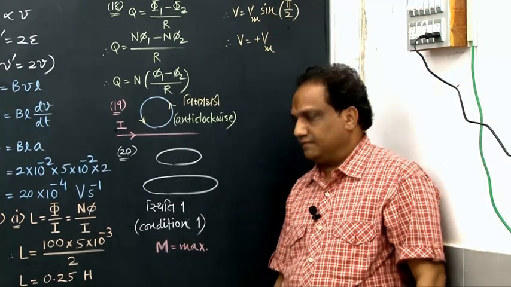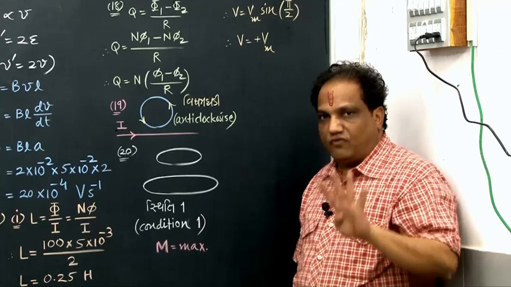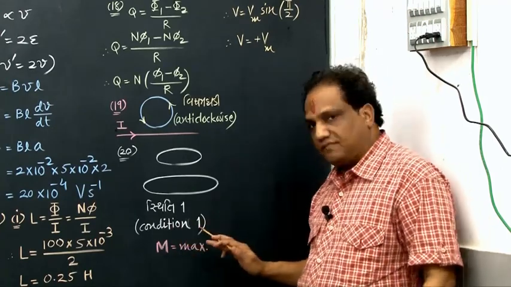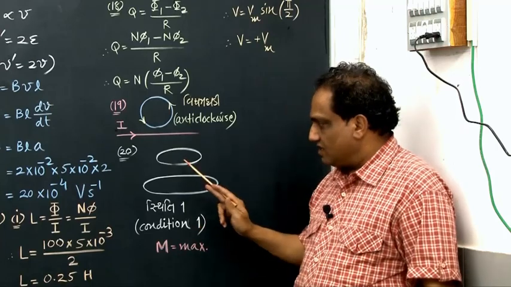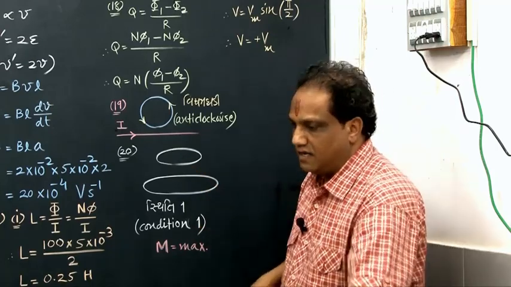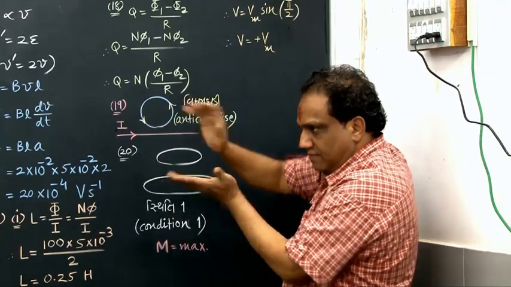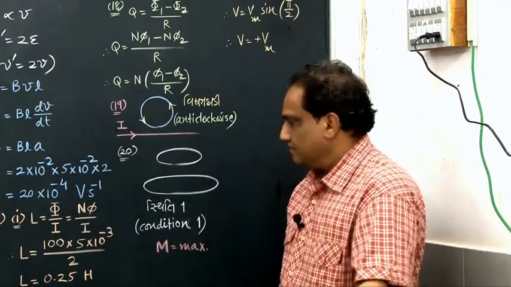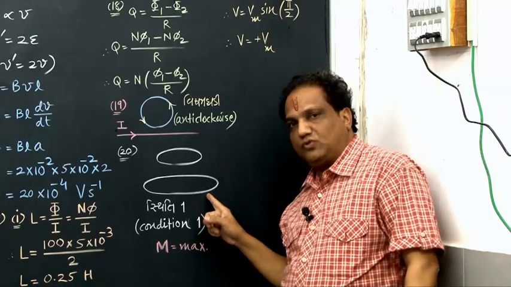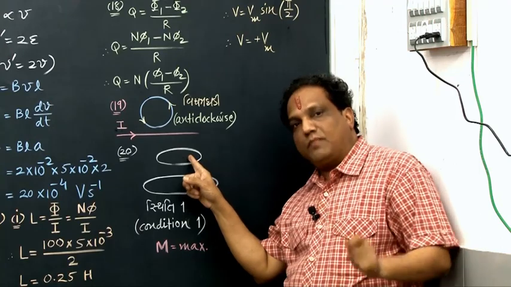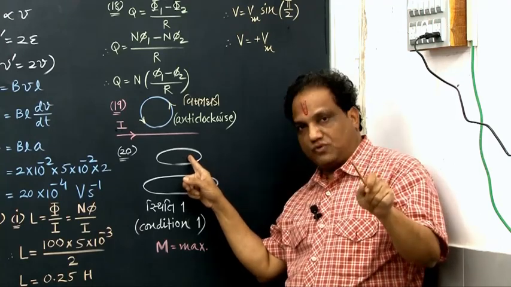Out of the 4 situations, condition number 1 is such that both the loops are parallel to each other, their planes are parallel, and because of that what happens? When current passes through this loop, magnetic flux is linked with this loop, but with maximum amount.